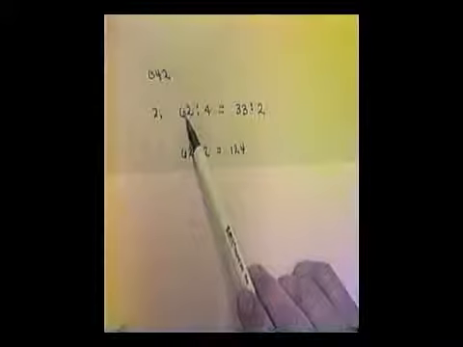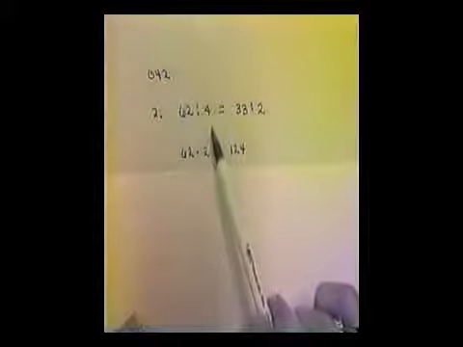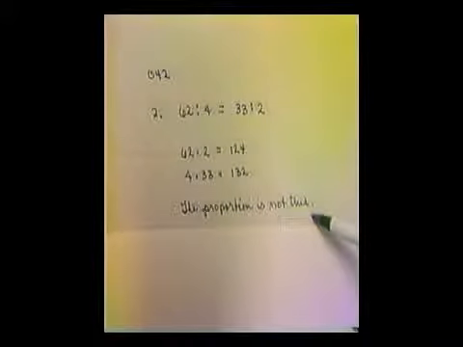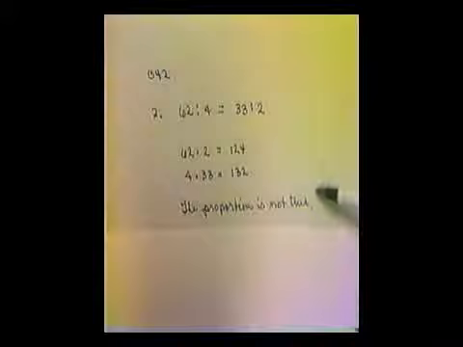The extremes are 62 times 2, the outside values, which is 124. And then we multiply the means, 4 times 33, and we get 132. These values are not the same. Since these values are not the same, we say the proportion is not true.